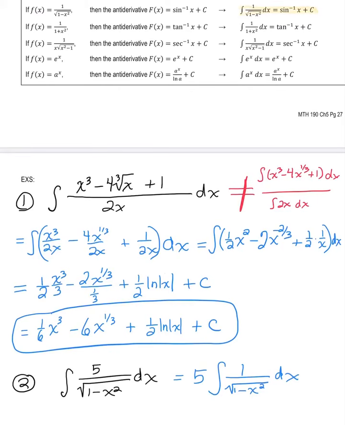We learned the derivative of arc sine was 1 over square root of 1 minus x squared. So of course, the antiderivative of that is simply going to be 5 as a constant multiple, and then either sine inverse, or if you prefer, arc sine of x plus our arbitrary constant.